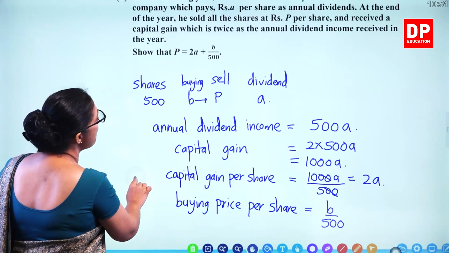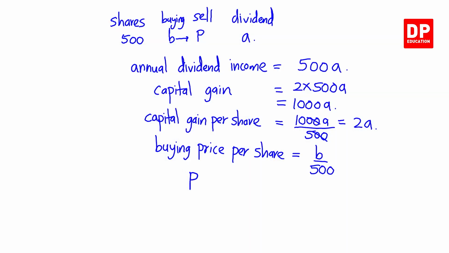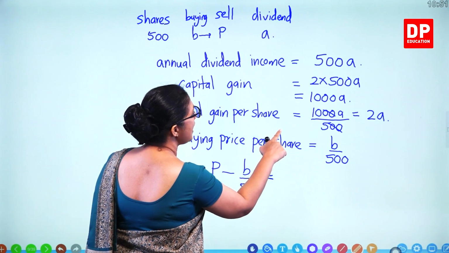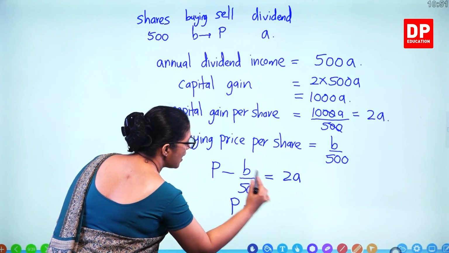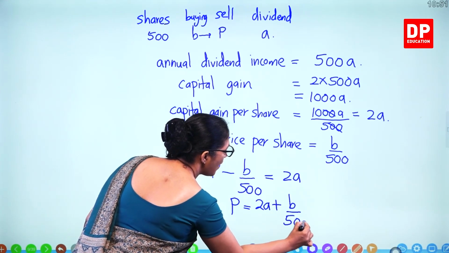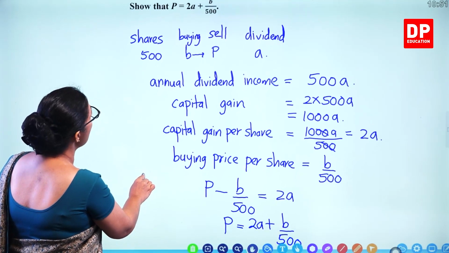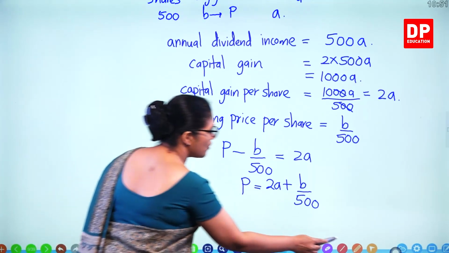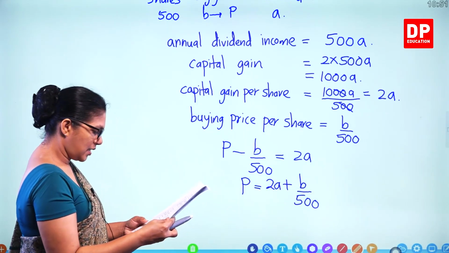Selling price is P. So when you take the difference, selling price minus buying price, that should be the capital gain per share. That's 2A. So when you take this term to the other side, you get 2A plus B over 500. Check whether you want this. Yes, 2A plus B over 500. So that's the answer.